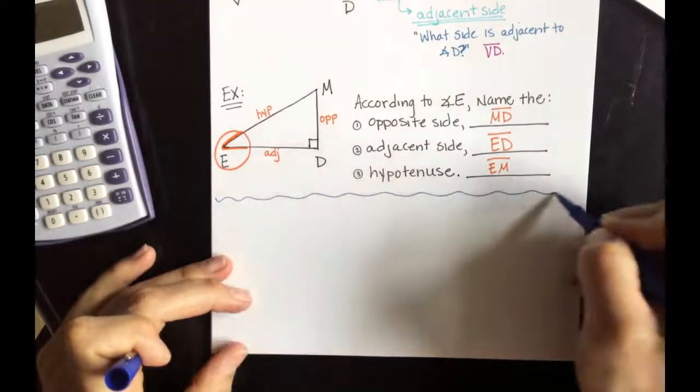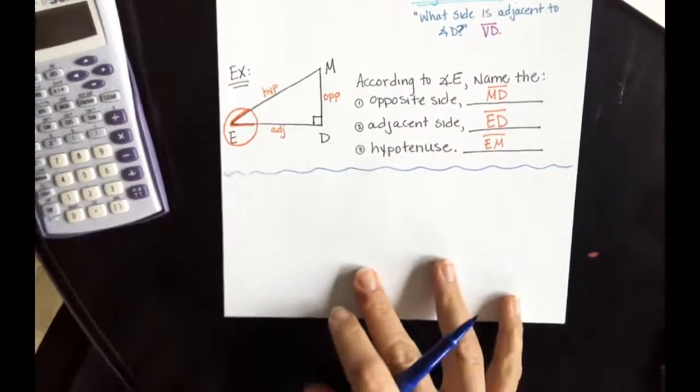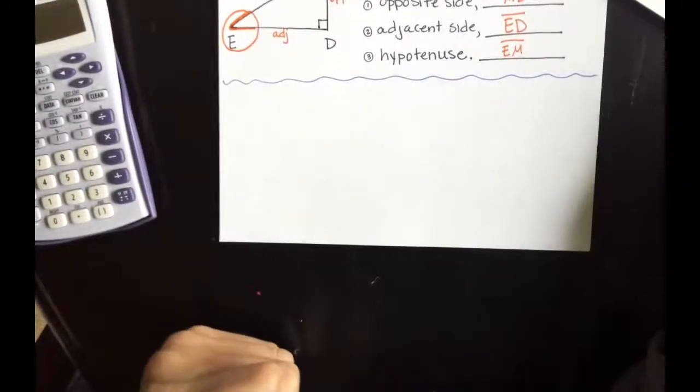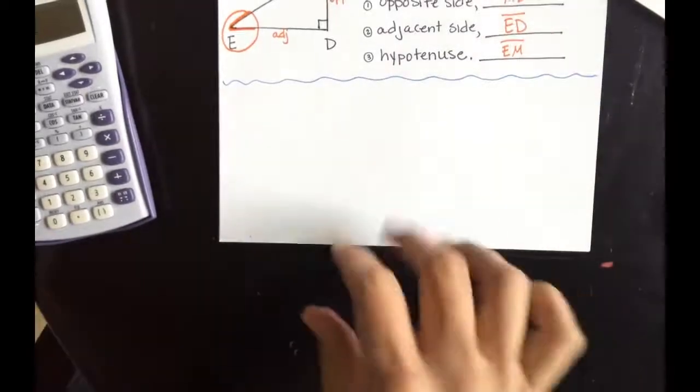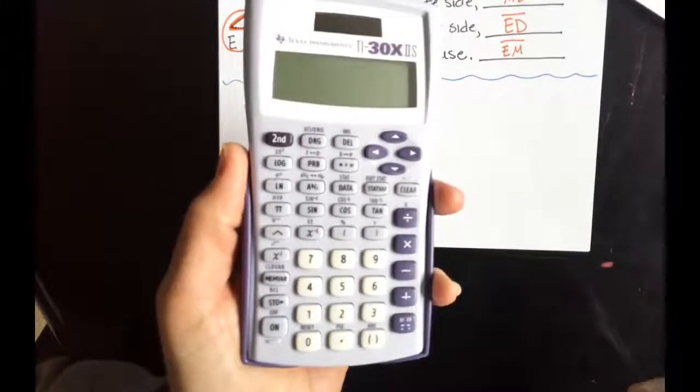I'm going to divide this because I said opposite, adjacent, hypotenuse are very important. But our calculators are set up specifically so that we always know what operation undoes each other. So let's just do a quick review here.